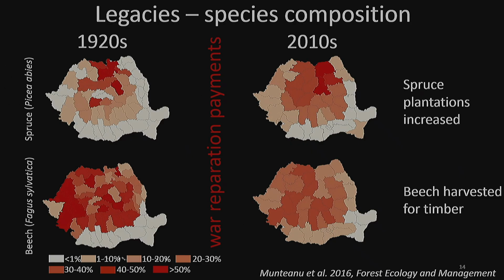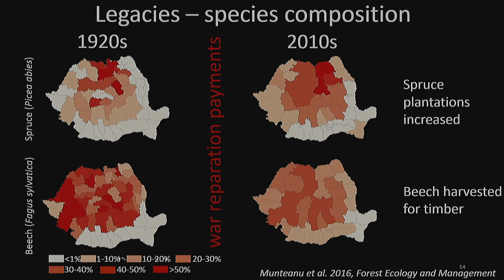Why is this important? Because these changes that have happened in the past have actually very large effects on our ecosystems today. And here again, another example from Romania, where we compiled the war reparation payment harvests data with forest management plans and forest inventories to look at species composition, and we found a massive increase in the spruce abundance and proportion in the different regions of the country, and a heavy decline in the beech.